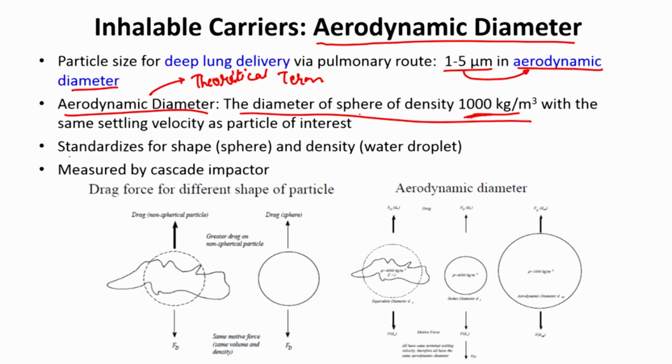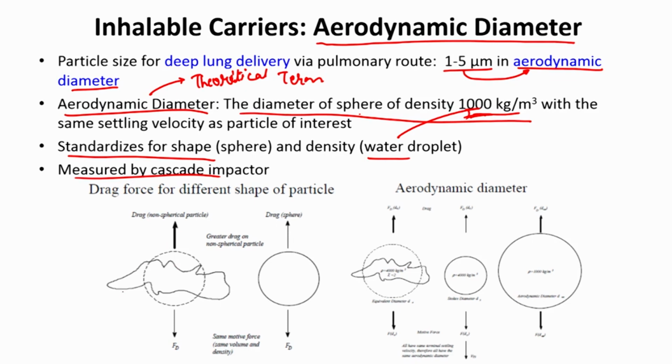So, this is nothing but to standardize the shape and the density. Again, the water is the same density as this, so are the polymers. This is measured by an instrument called cascade impactor, which we will come to in a moment, and essentially it is taking into account various drag forces.